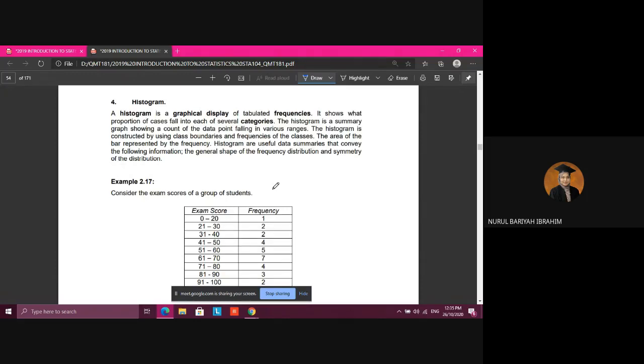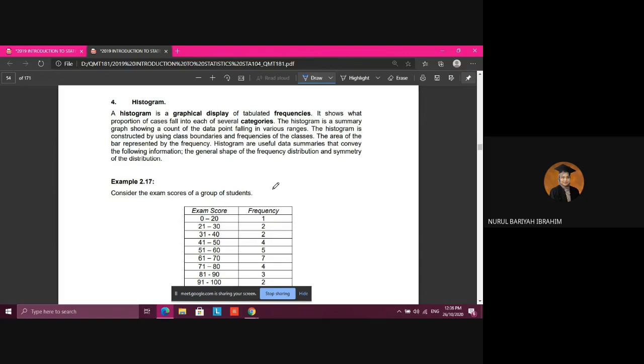Okay, I believe all of you have experienced how to draw the histogram before this. We will use the histogram to display the data, and from that we can also observe the shape of the distribution.